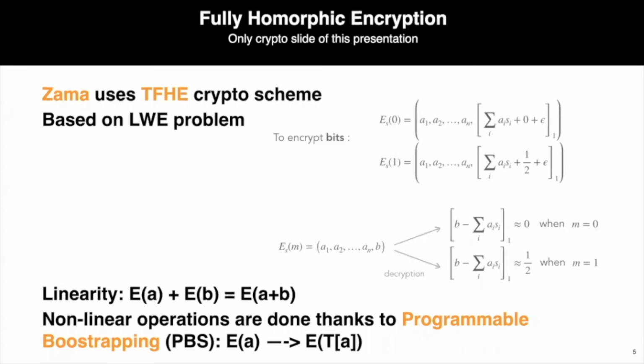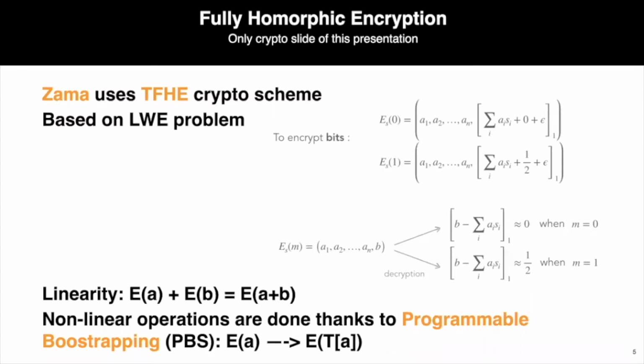For the mask part, the a_i part, when you take the a_i of the encryption of A and the a_i of the encryption of B and add them, you get the a_i of the encryption of A plus B. For the body part, the b part, it's the same thing: the dot products and the messages add modulo 1.